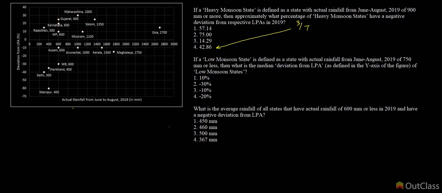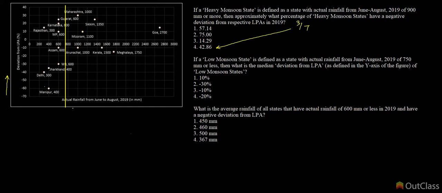The second one is saying if a low monsoon state is defined as a state with actual rainfall of 750 mm or less, what is the median deviation from LPA, as defined in the y-axis of the figure, of low monsoon states? So low monsoon is 750 or less. 600, 700, 750 is going to be somewhere around here. They're basically asking you, of all of the dots on the left of this vertical line, let's find the median one after you arrange in ascending or descending order.